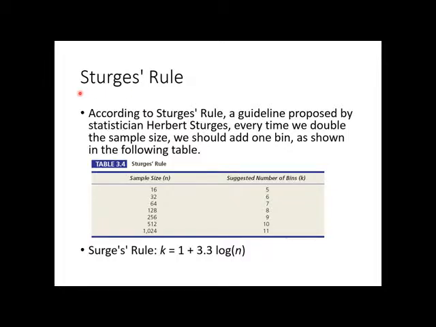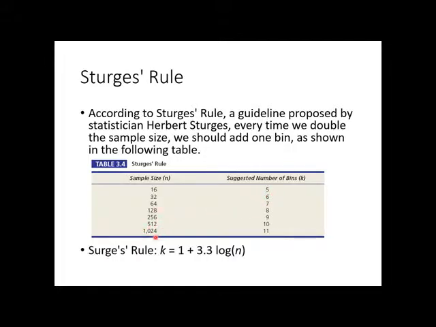So there is a rule to find the number of bins, Sturges' rule. Based on the rule, if you have a sample of size 16, the appropriate number of bins is 5. If you have sample size 32, the suitable number of bins is 6, and so on.